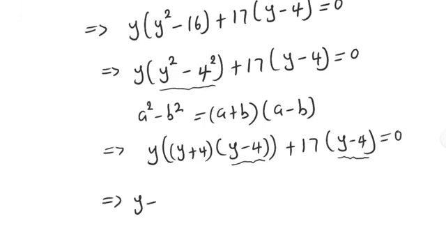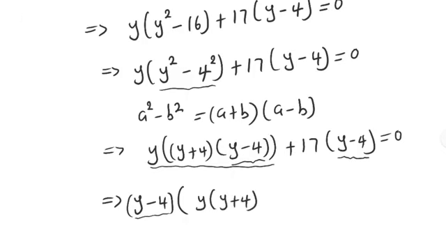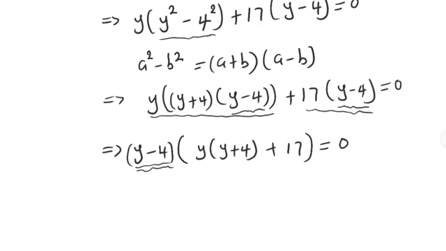We have y minus 4 bracket. If you divide the whole of this by y minus 4, we have y bracket y plus 4 bracket, plus, if you divide the whole of this by y minus 4 here, we have 17 bracket is equal to 0. This is y minus 4 bracket.